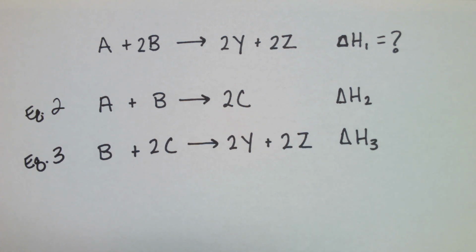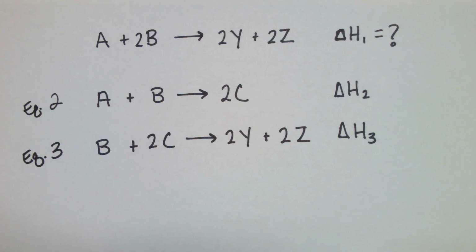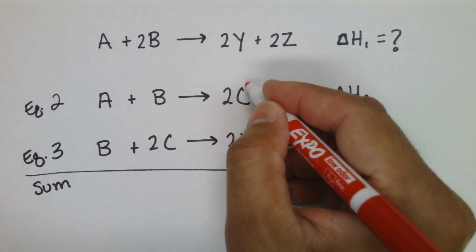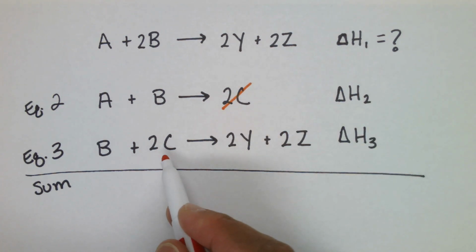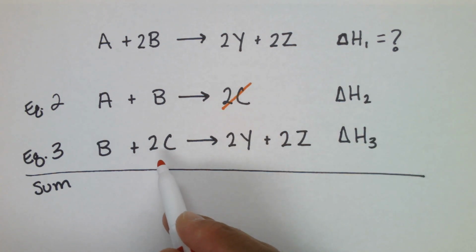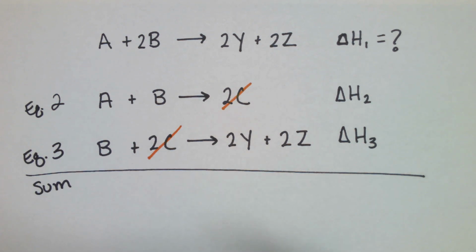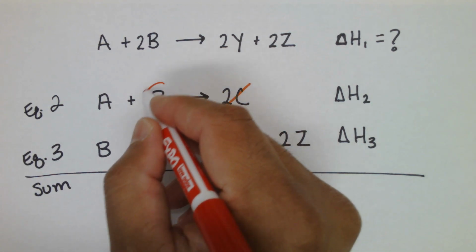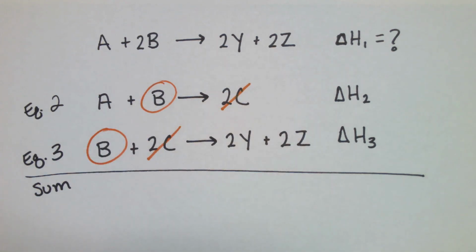Hess's law says we can sum these equations. Notice 2 moles of C on the product side in equation 2 will cancel 2 moles of C on the reactant side in equation 3. And there are 2 moles total of B on the reactant side.